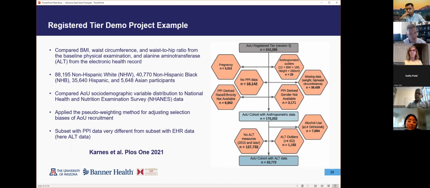So this is one project that we did as part of the initial demonstration project. Demonstration projects were really focused on replicating known associations. They couldn't be too novel. That was one of the restrictions. And you can see here on the right how you start with an N, and then as you exclude individuals, as you exclude people who have missing data or don't have the data of interest, your N's are getting smaller and smaller.